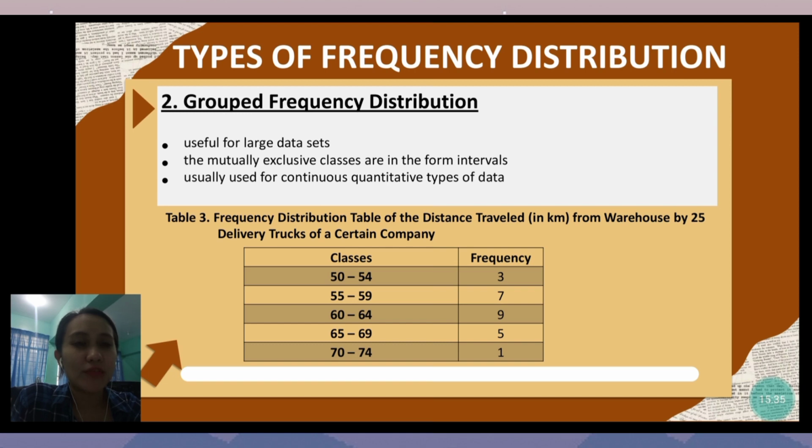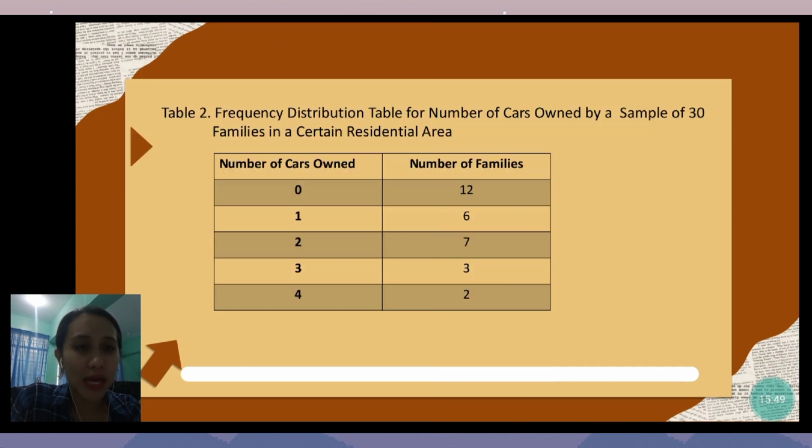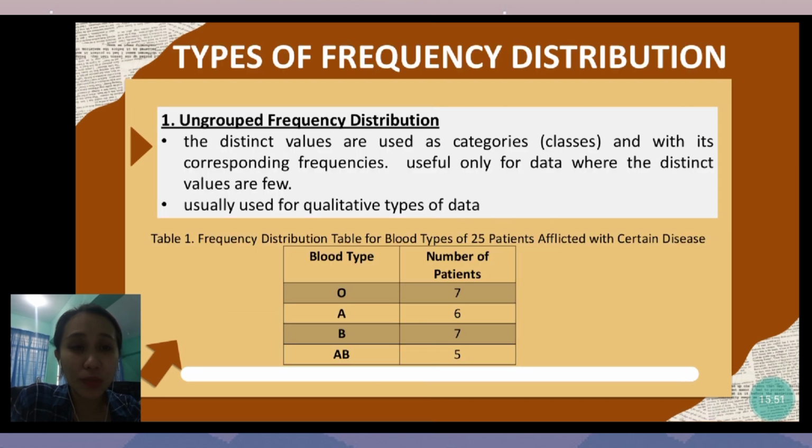Next, we have grouped frequency distribution. If you compare it, for grouped frequency distribution, the classes each represent a certain range, like 50 to 54, whereas for the ungrouped, there is only one class or one category.